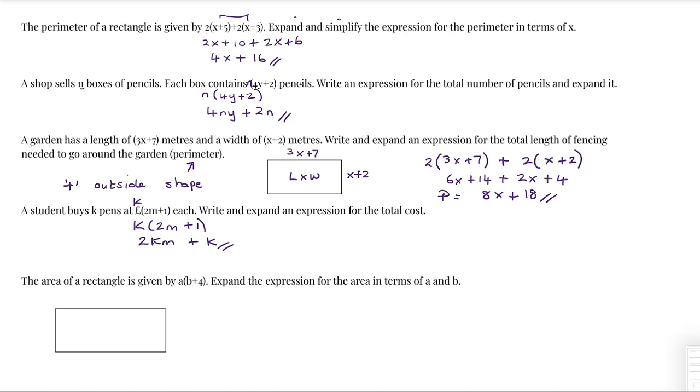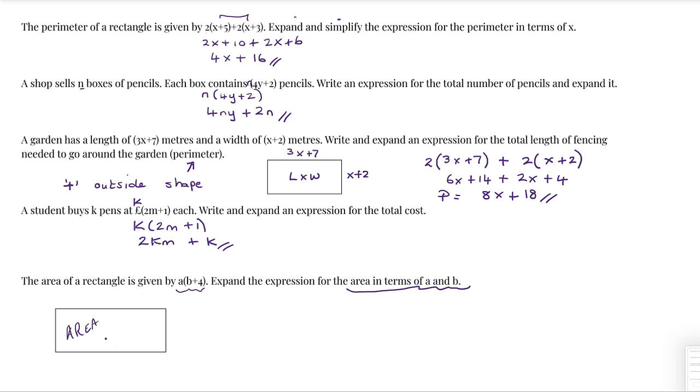The area of a rectangle is given by a bracket b plus 4. Expand the expression for the area in terms of a and b. Now, you see this type of question written like this, and it literally is expanding this. That's all it's asking you to do in terms of a and b. Now, I've drawn a rectangle just to show you, again, a quick refresher, that the area is inside the shape.